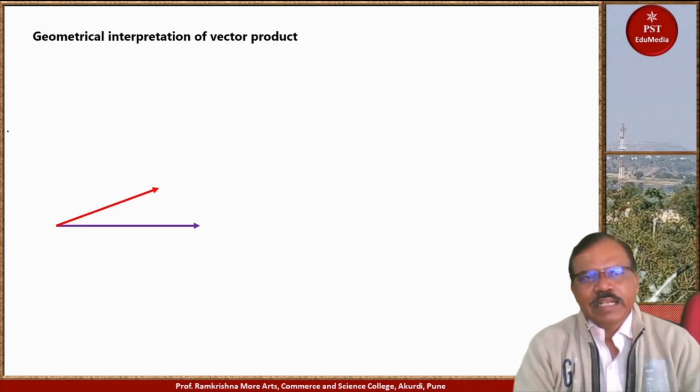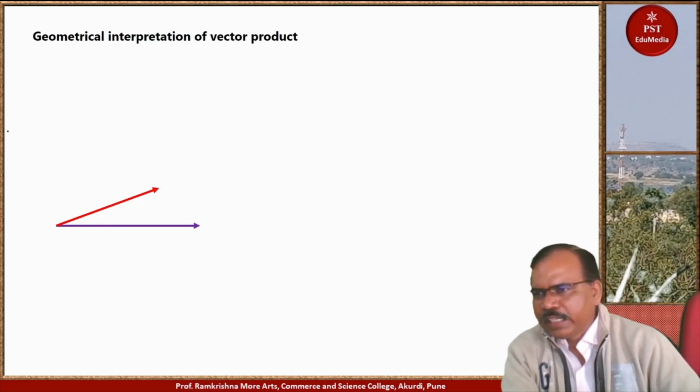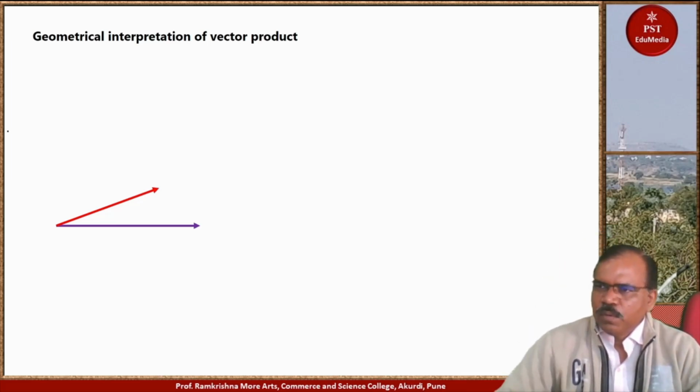Now we'll take the geometrical interpretation of vector product. What is the meaning of this geometrically?